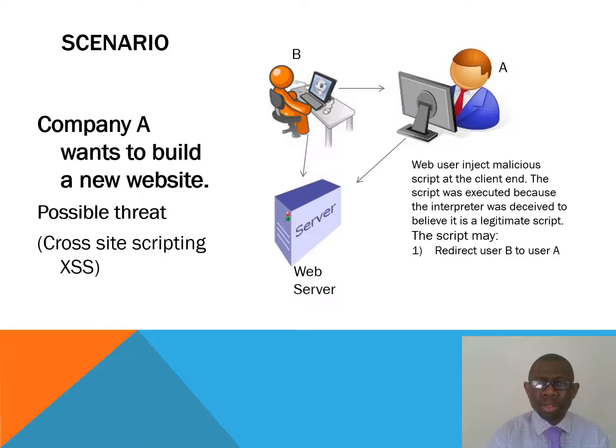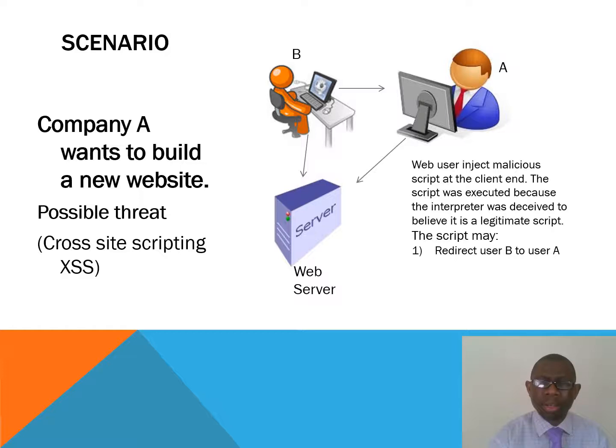Now look at user B. User B sends a request to the server, and should have received a response back from the server, and the communication should have been between client B and the server alone.